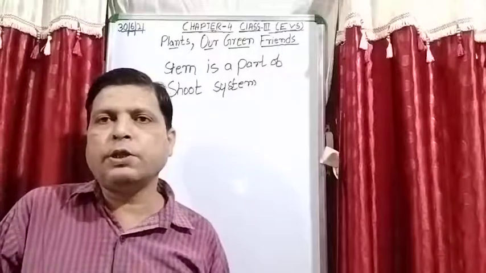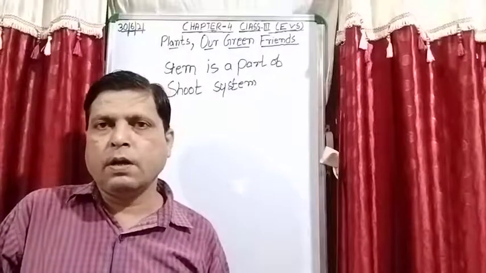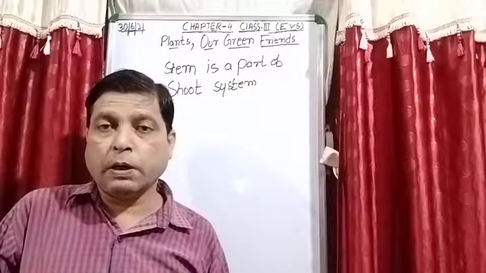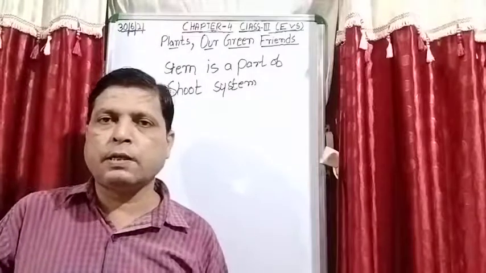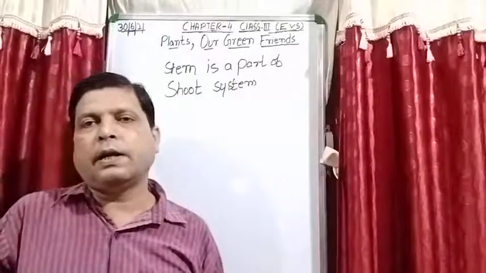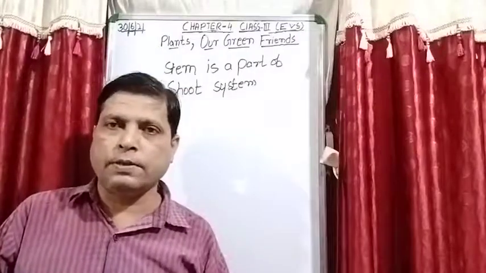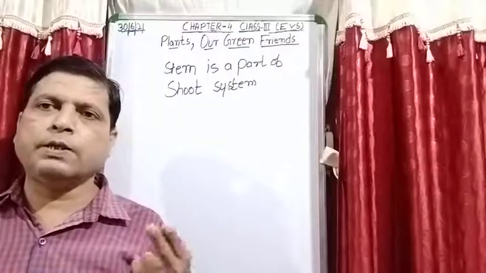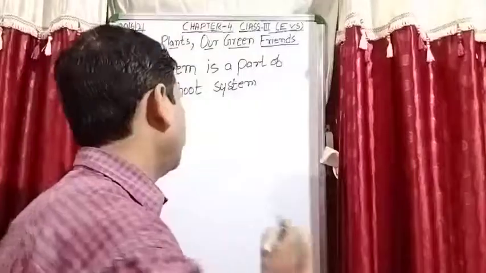It is not very easy to break the stem of shrubs, but their stem is not thick like the tree. When we see the stem of the tree, it is thick and very hard. That is the reason in big trees, or you can say tall trees, the stem is known as trunk.